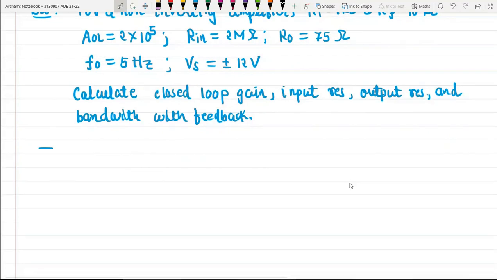Firstly we will find the value of B, which is equal to R1 upon R1 plus RF. This is nothing but the feedback part gain.